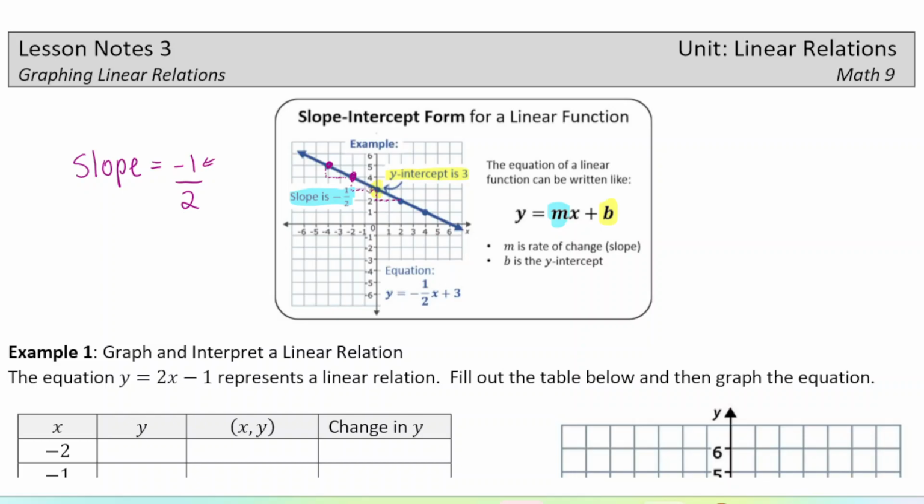So this is 1 down and 2 to the right. So the change in y over the change in x is what the slope is described as. Change in y, change in x. So that's how you figure out the slope. So we're going to practice doing that today and then graphing some equations.